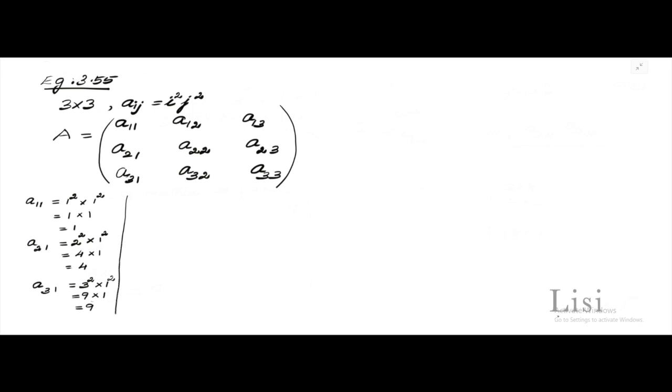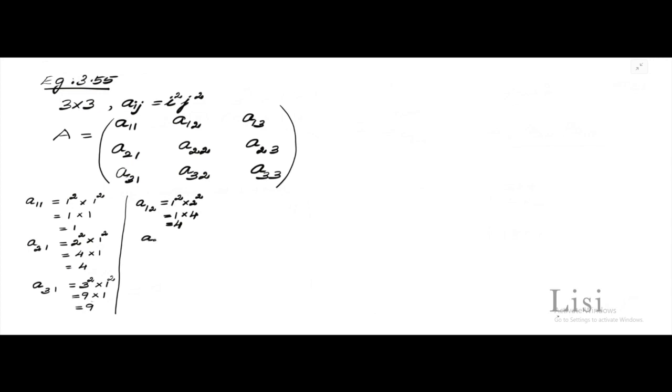Next, what is there? A12. So here i is 1, i square, j is 2, so 2 square. This is equal to 1 square is 1, j is 2, so 2 square is 4, which is equal to 1 into 4 is 4.